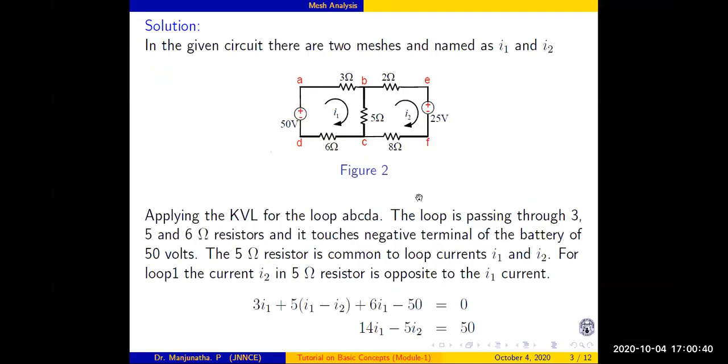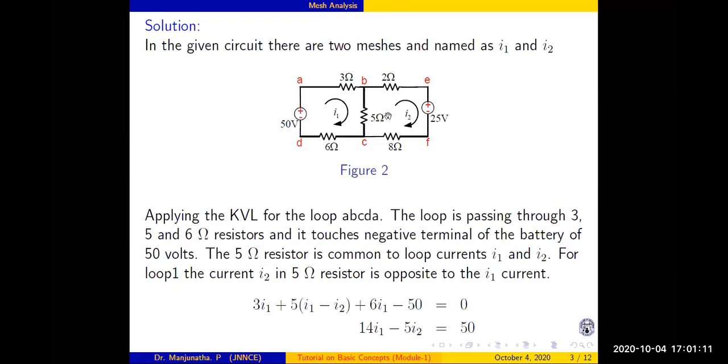I want to write the KVL for this. What is the first loop? A, B, C, D, A, the entire loop. Make it in the clockwise direction. Counterclockwise we can also write, no issue, but usually it is clockwise.